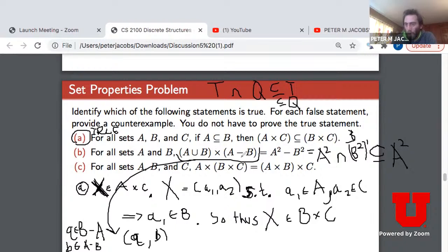But observe that it cannot be in the right-hand side, because the right-hand side is a subset of A squared, and A squared is equal to A cross A. Q is not in A, so the first entry of this ordered pair is not in A, and therefore this ordered pair is not in A cross A.